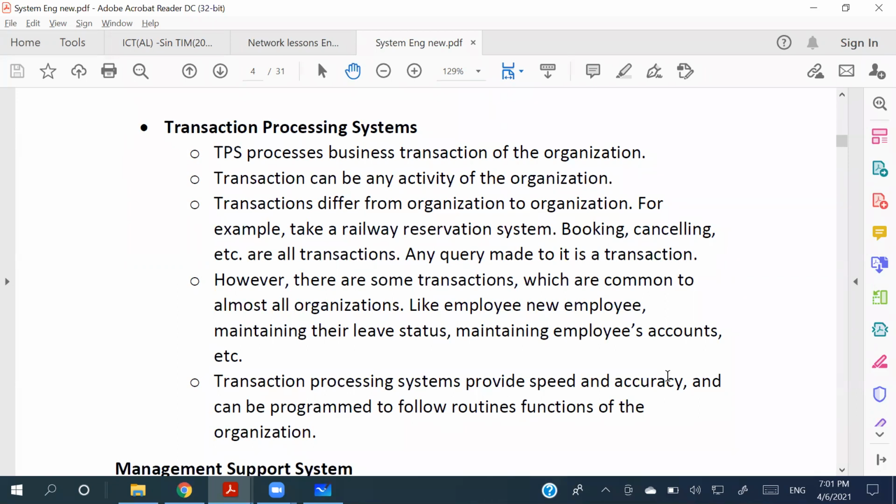Remember, the transaction processing system is the one involved with day-to-day things, the most common things of an organization. If you take a supermarket as an example, the transaction processing system is the one you can see on the cashiers' side.